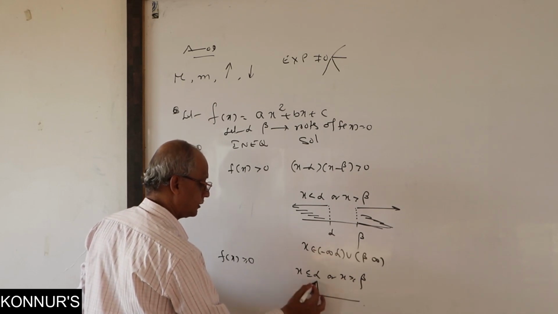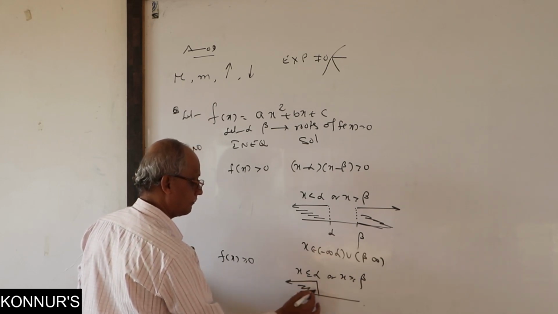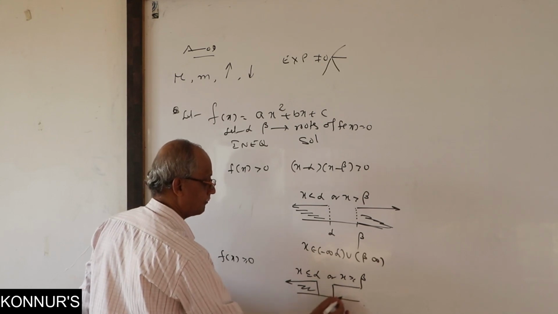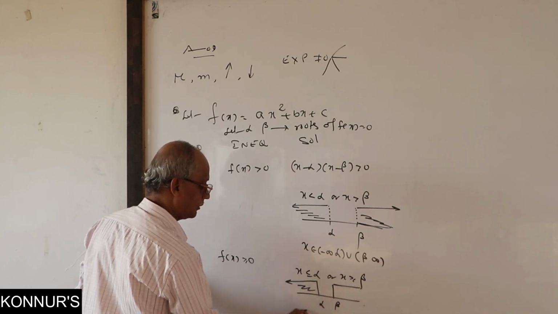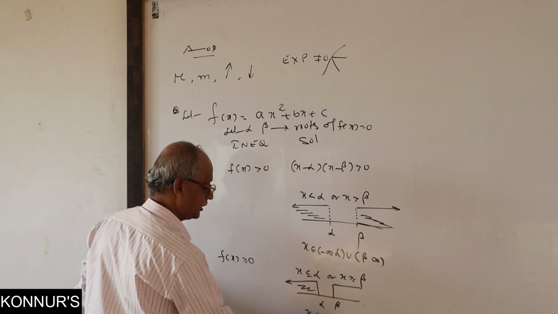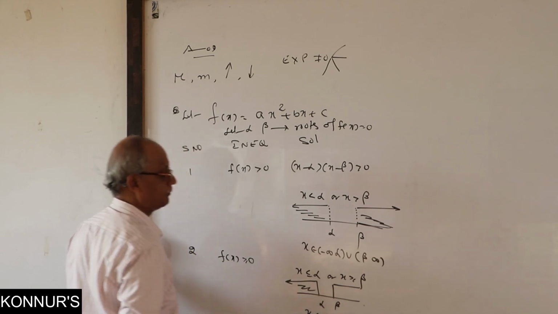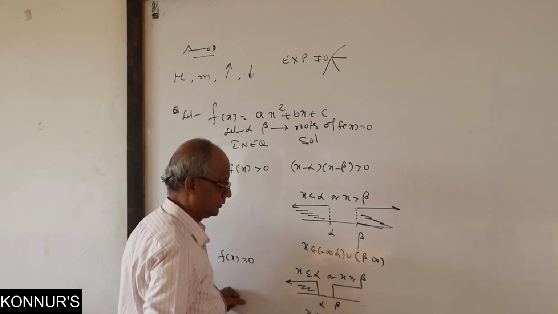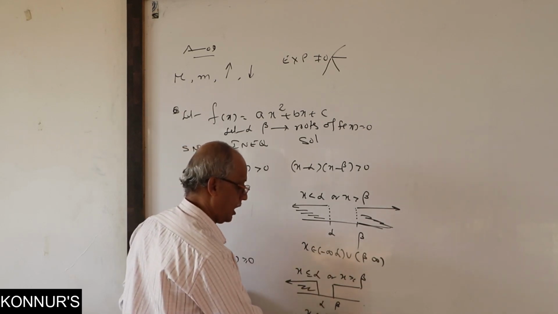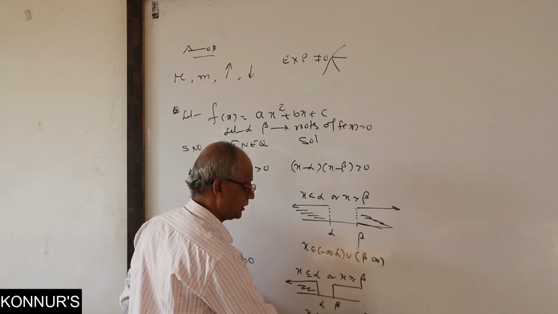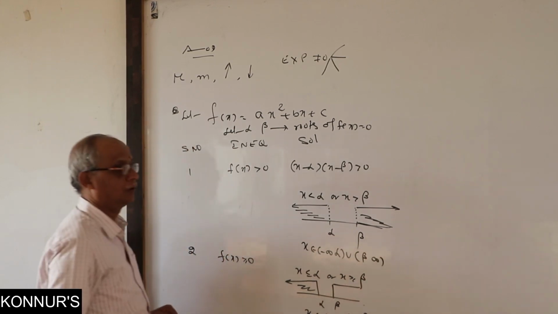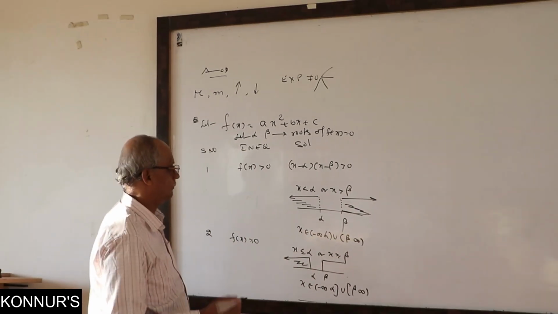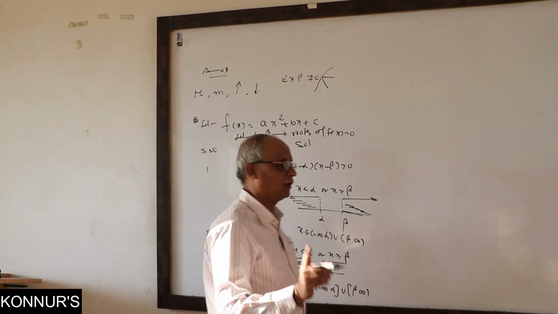Full straight line. Interval: minus infinity to alpha closed. When alpha is not included, open. Included means closed. Closed beta to infinity. Infinity is always open only, nowhere to close. This is one answer.